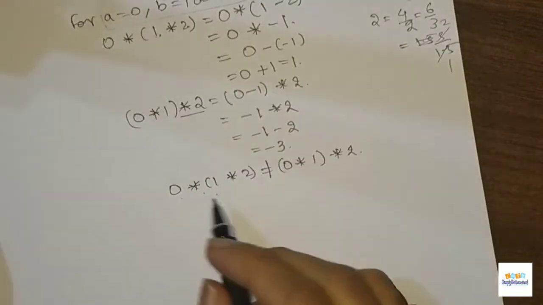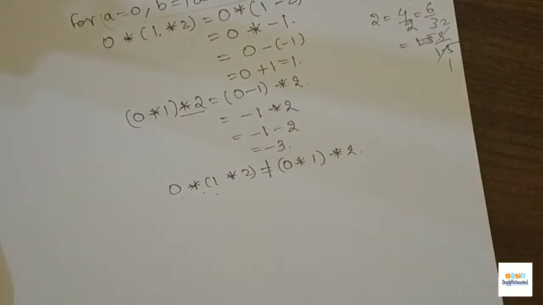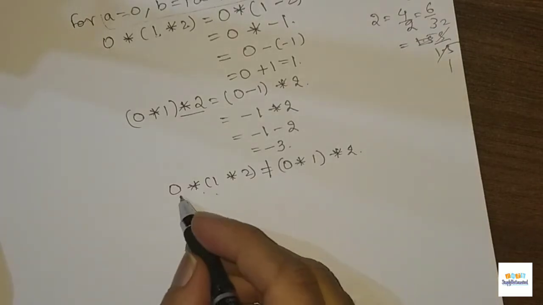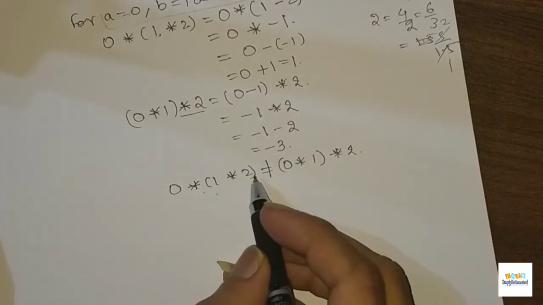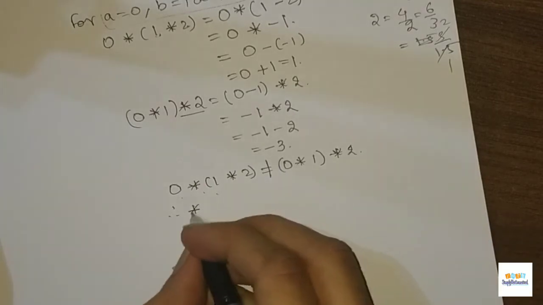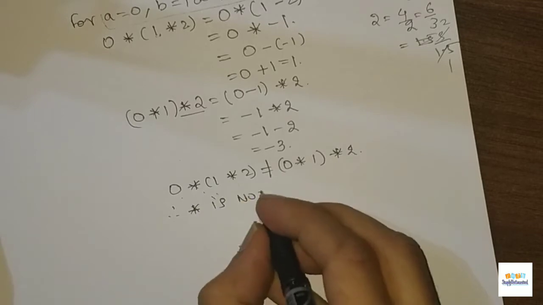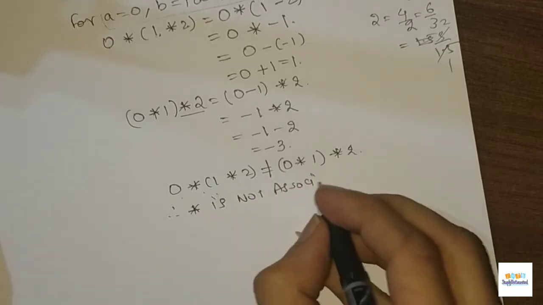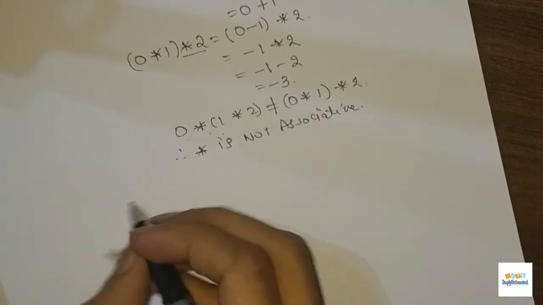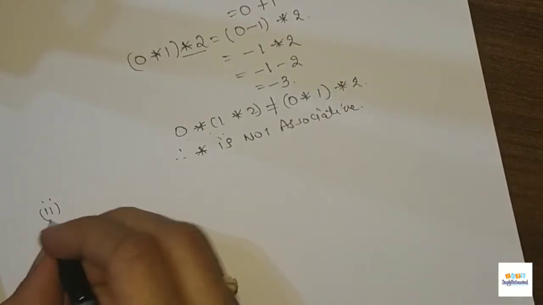Even if it doesn't happen for one set of numbers, in this case 0, 1, 2, then the star won't be associative. So the binary operation star is not associative.